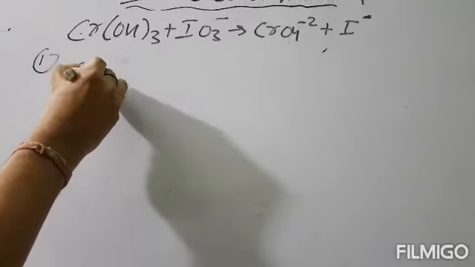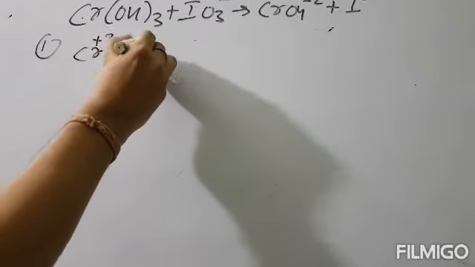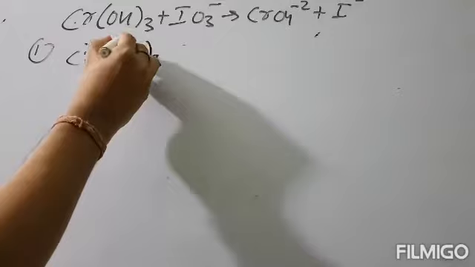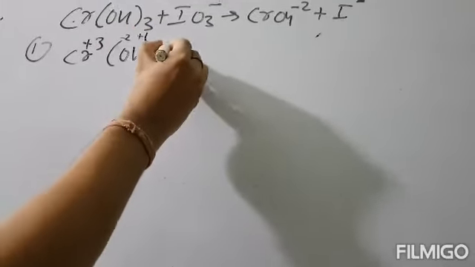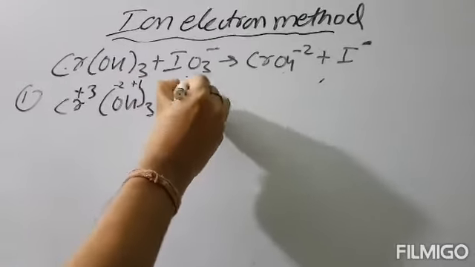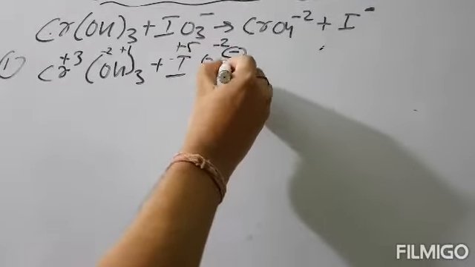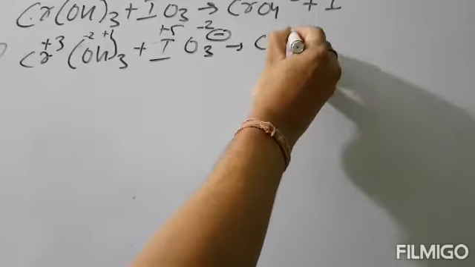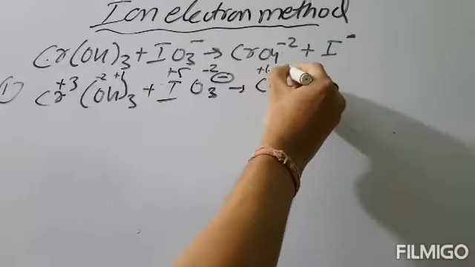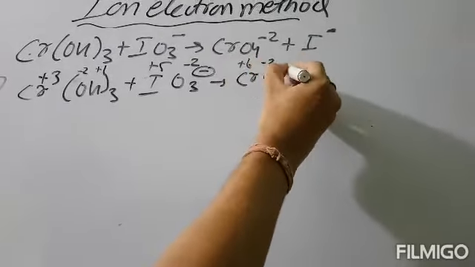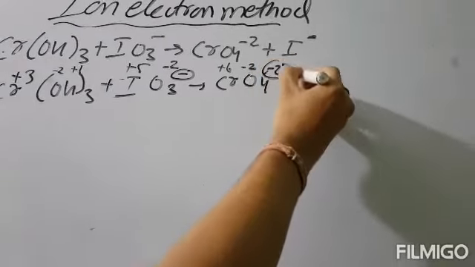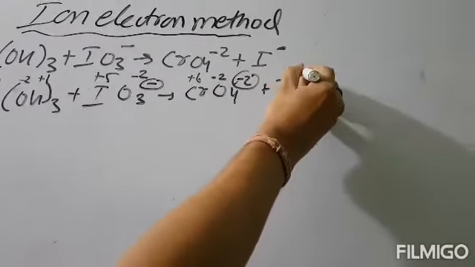Now here Cr is +3, OH3 is -2 and +1, then I here is +5, O is -2, and the overall charge is given here. Cr is +6, O is -2, and O4 overall charge is -2, and here I is -1.